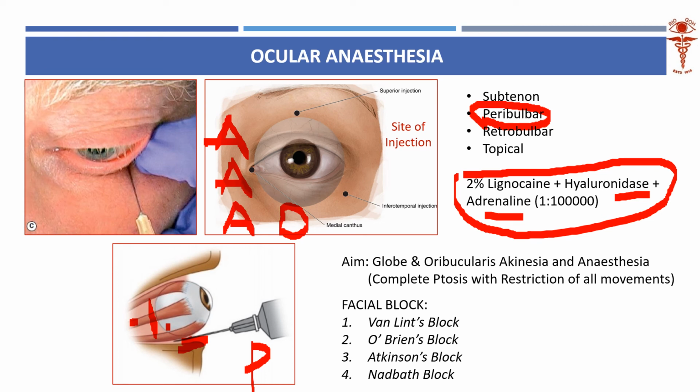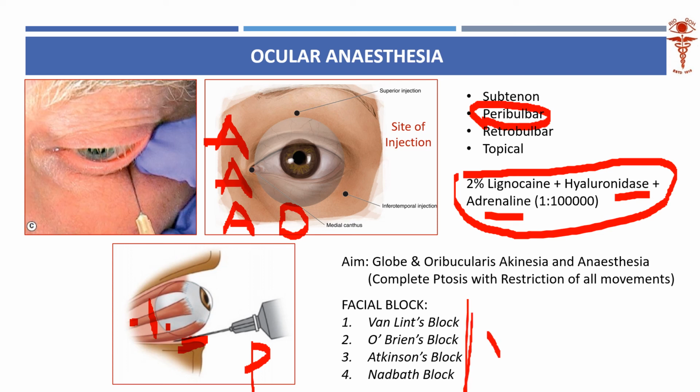Once the peribulbar injection is given, it gets you all four end points: analgesia, akinesia, anesthesia, and inability to close the eye. Previously, when we were using a retrobulbar injection, the inability to close the eye could not be obtained by it, so it had to be done separately.